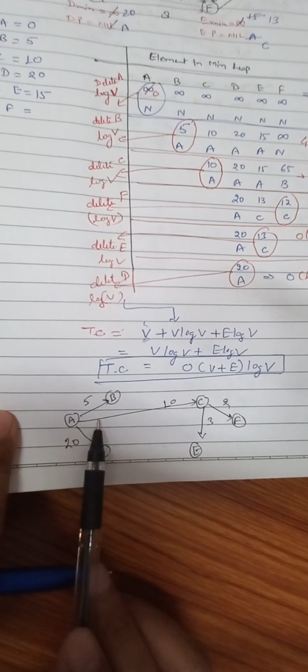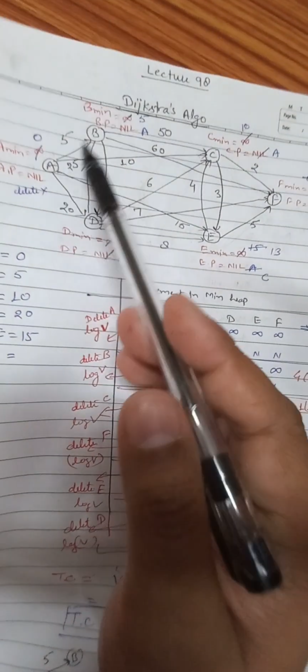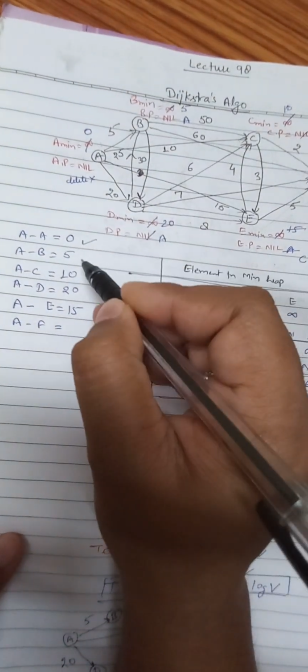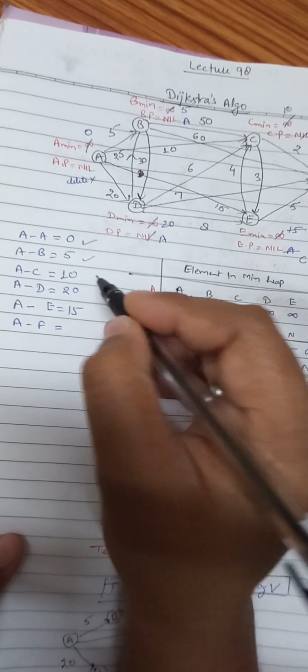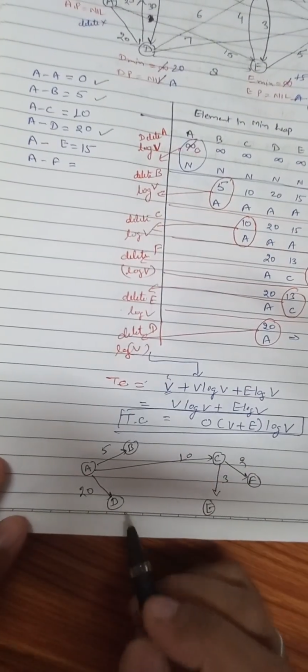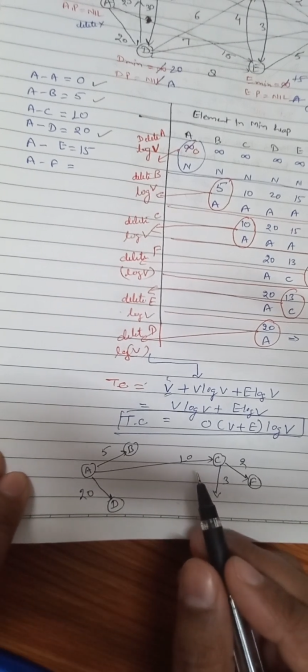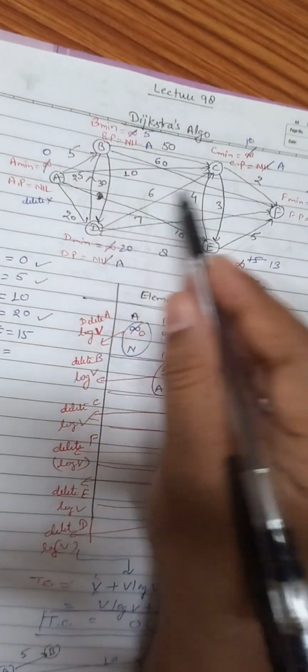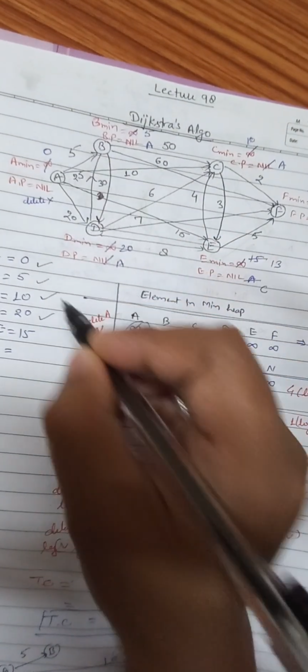What we have taken, A to B 5, A to D 20, will remain the same. A to A 0 is correct, A to B 5 is correct, A to D 20 is correct, right? And A to C 10, yes, it is the same. We have not made any changes, that is also correct.